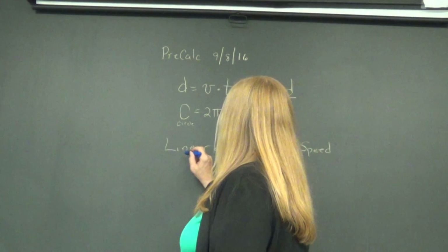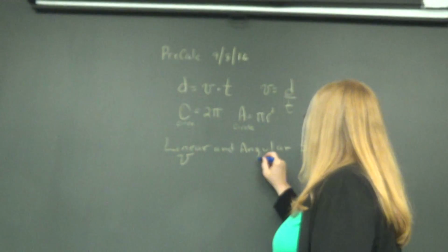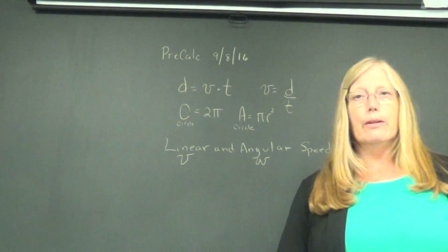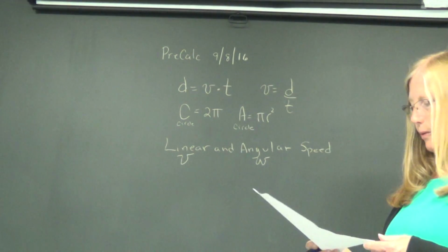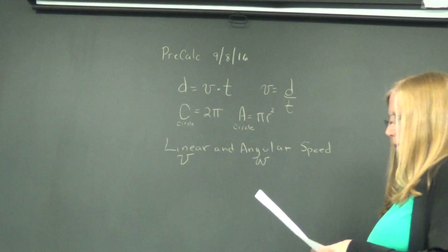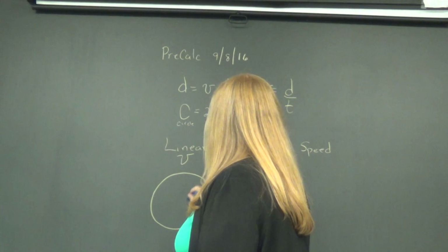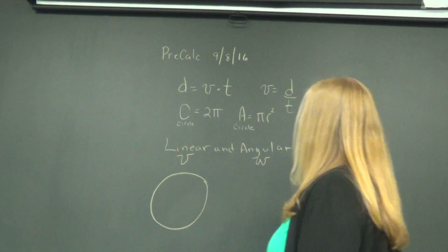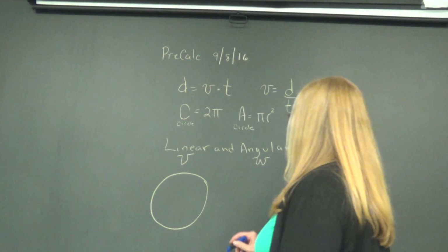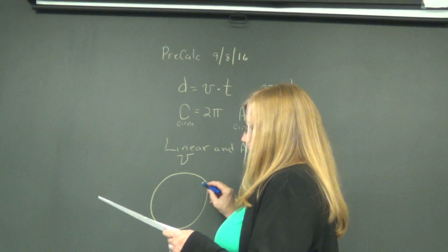Linear speed is indicated with a script V, and angular speed is indicated with a script W. So we have V and W to look for. Linear speed, well, we'll do the theory part, and then I'll stop the video, and we'll do part 2, and we'll do an example. And that's all I have for you tonight, is the linear and angular speed we'll end up with. So let's look at linear speed.